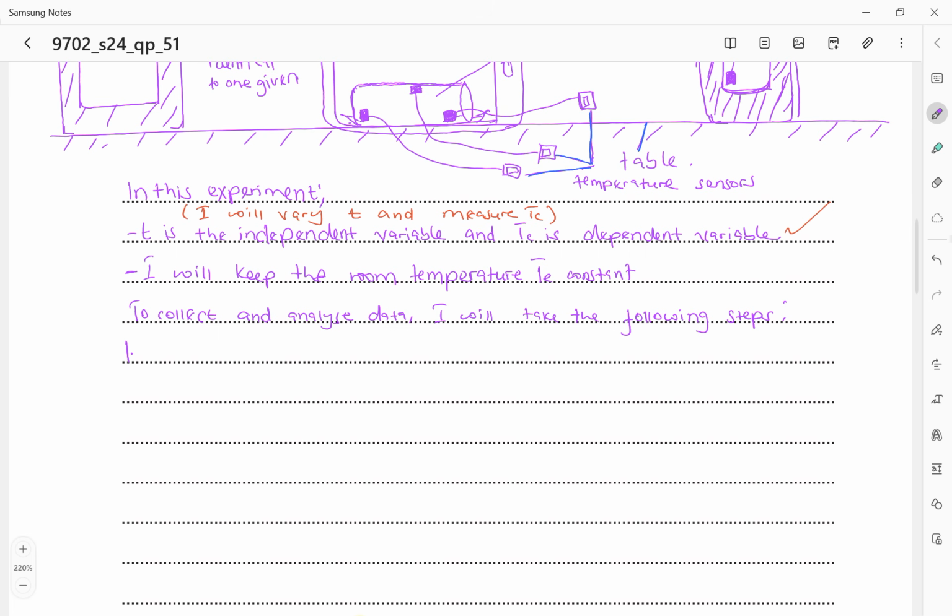I will determine the specific capacity. I will determine C as shown in figure 1. There's a reason why I was numbering them.